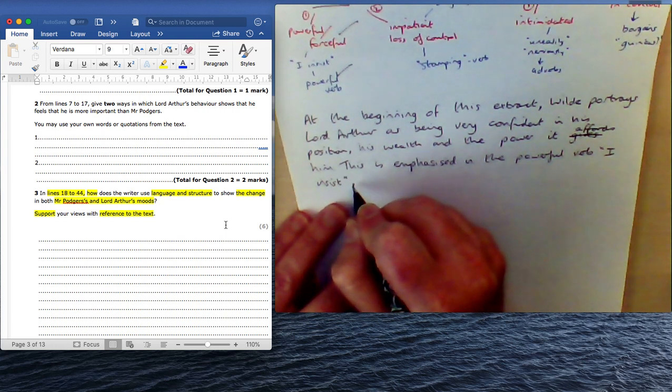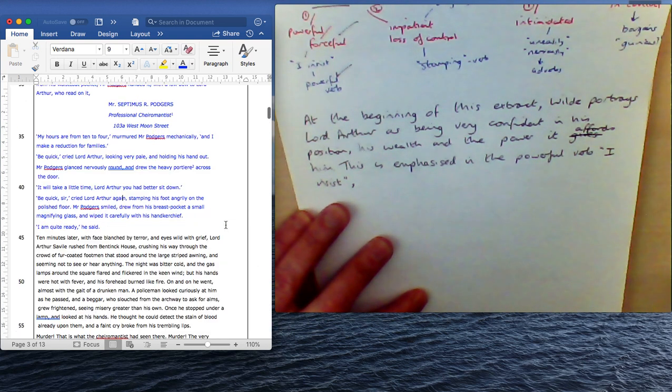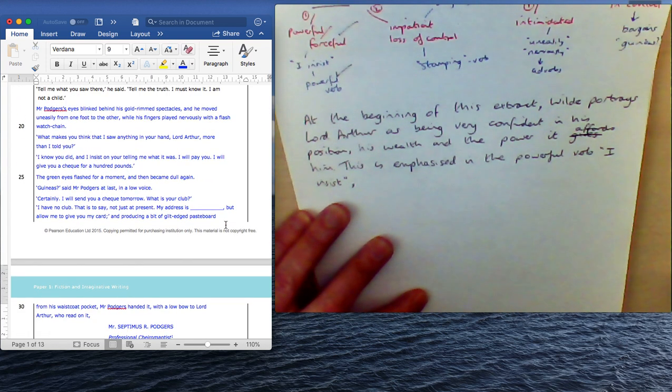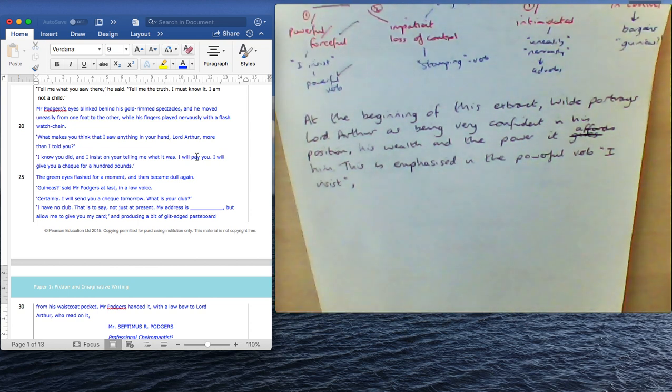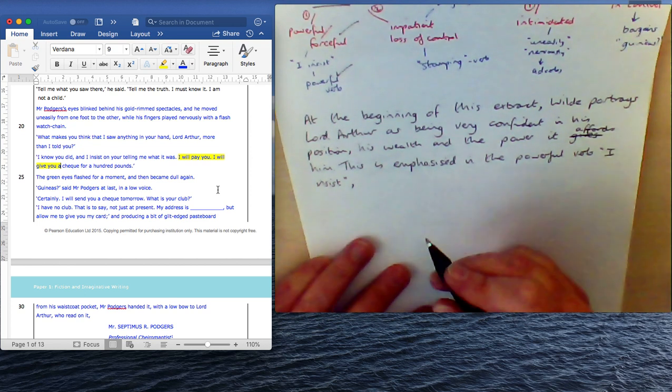But I'm also going to add to that because there is something else, another structural point that emphasizes his, he's almost intimidating Podgers here. So I want to talk about this section here. Let me just highlight it here. I will pay you, I will give you. Because that gives me an opportunity to use some of my terminology and make a structural point.